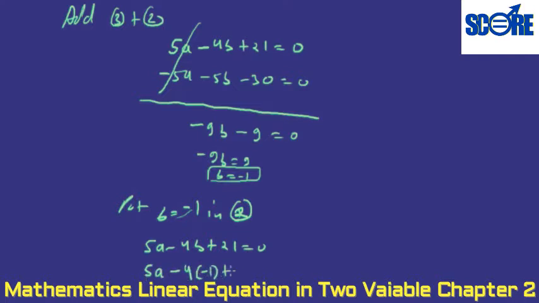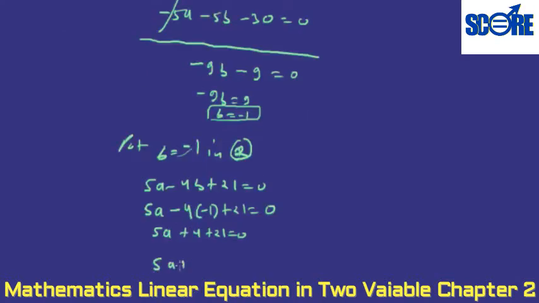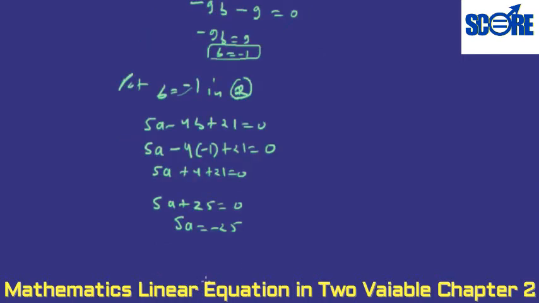That is minus 1, plus 21 equals to 0. So 5a plus 4 plus 21 equals to 0. So 5a plus 25 equals to 0. 5a equals to minus 25. So a equals to minus 5. So in this way we can find the value of a and b.